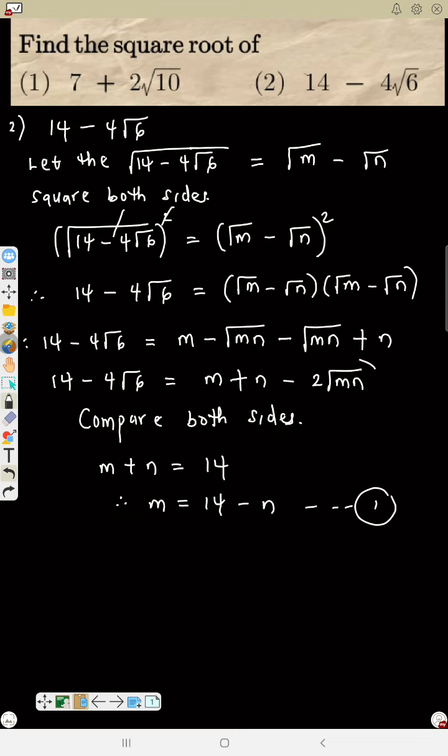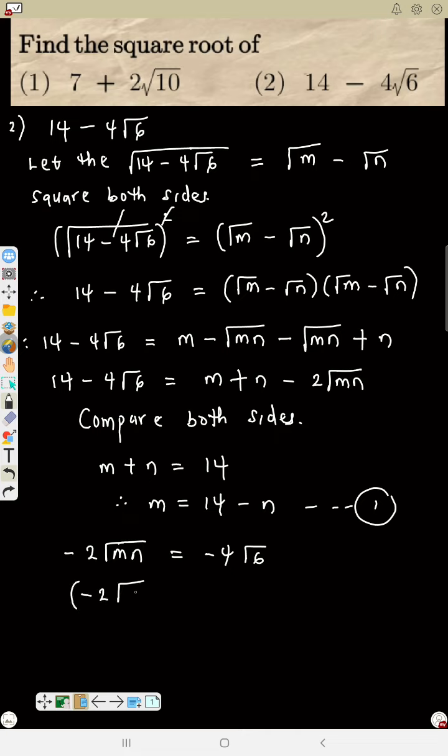Again, minus 2 root mn equals minus 4 root 6. So square both sides.